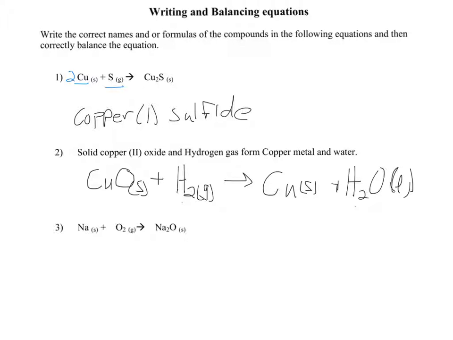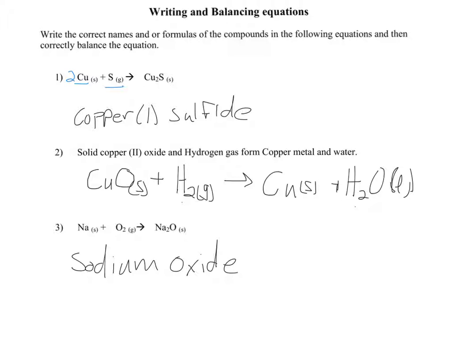The next one, we have sodium, oxygen, and then the other part would actually be a sodium. Since it's not a transition metal, there's no Roman numerals, and the 2 came from the oxygen, so it's just sodium oxide.